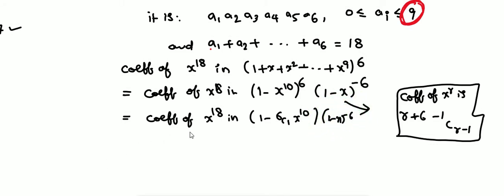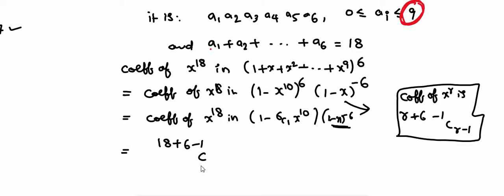So that is nothing but (18 plus 6 minus 1)c5, that is 23c5. Minus 6c1 into x power 10: in order to get x power 18, multiply this term by x power 8 in the second expansion.